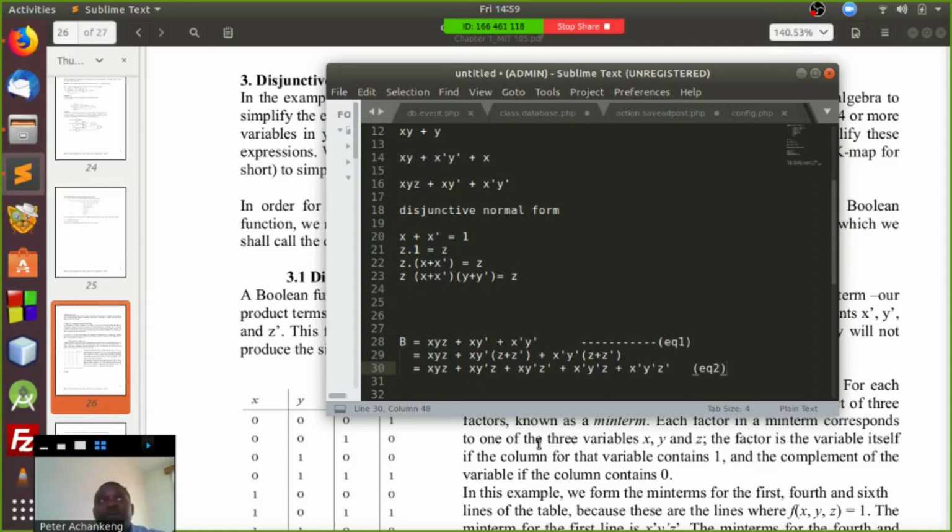But what is the difference between those two expressions? Equation 2 is in disjunctive normal form. Equation 1 is not in disjunctive normal form, but they are equivalent. They're equivalent because we just multiplied those things by 1 and expanded.